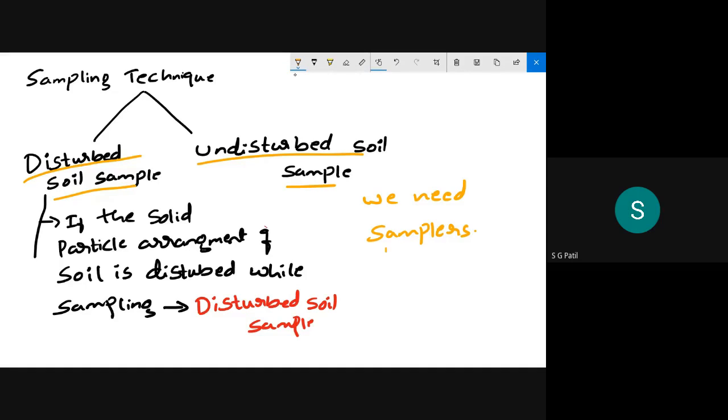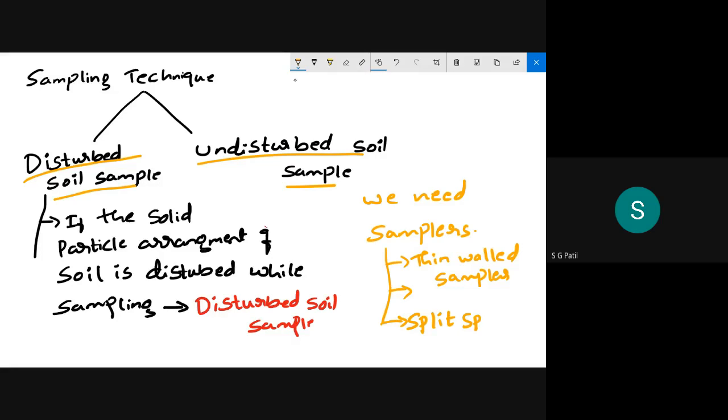In samplers, there are different types, like the thin wall sampler, which is also called the Shelby sampler, and another type of sampler is the split spoon sampler.